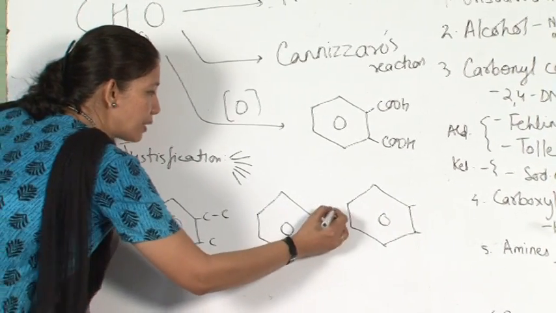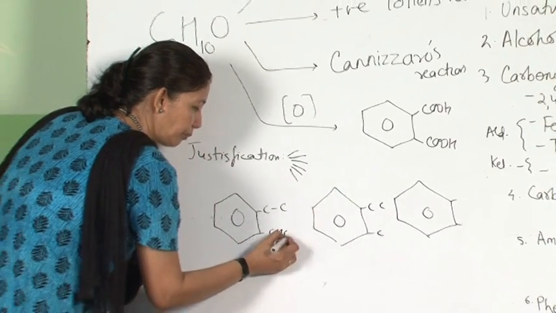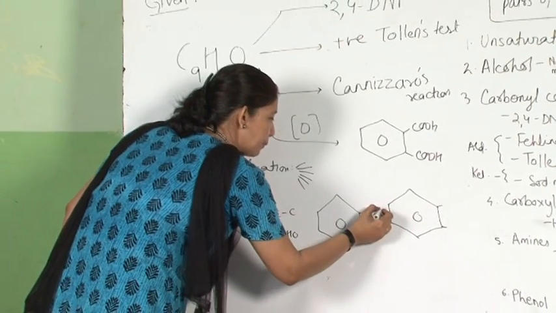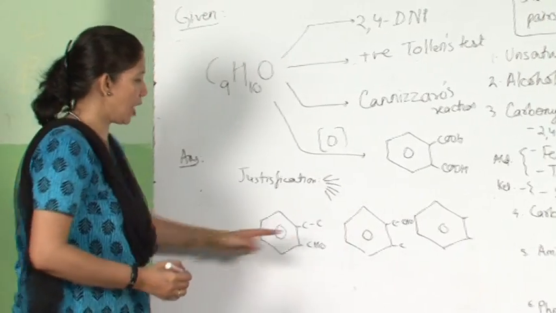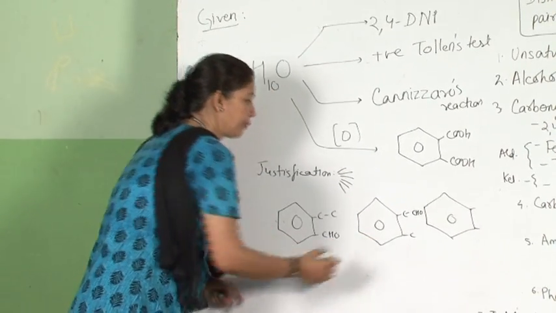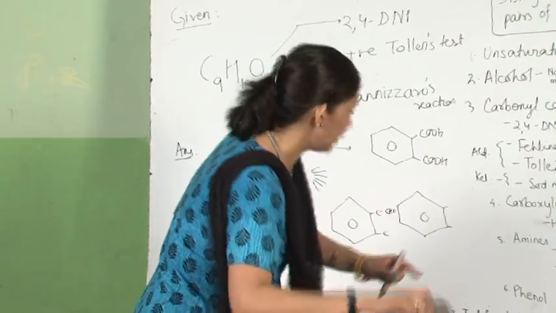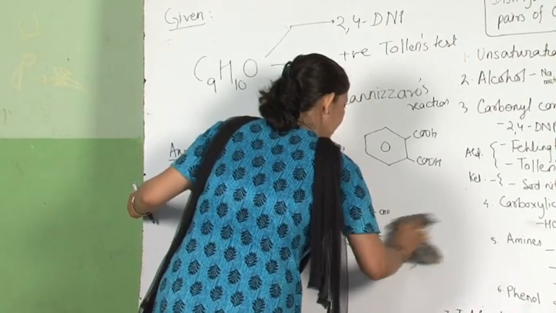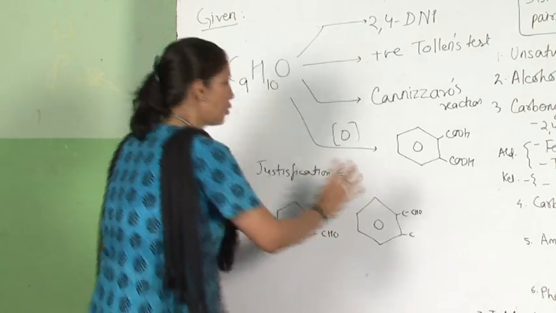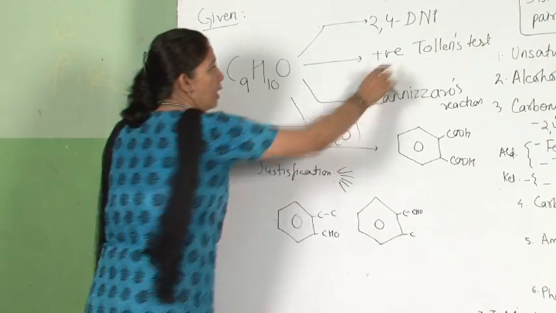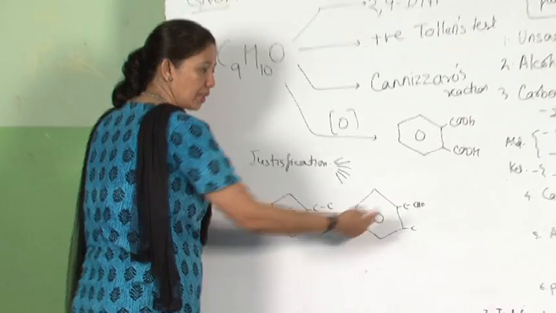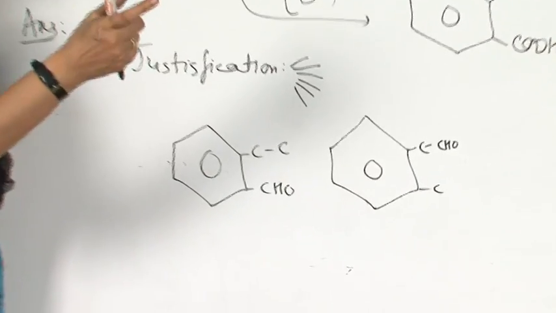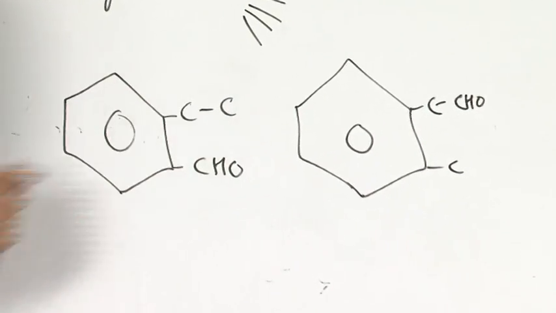In case I am having something like this, it is having an aldehyde. No other structure is possible apart from these two. Aldehyde means the aldehyde group can be either here or here. It is always at the terminal end. It cannot be on this carbon atom.